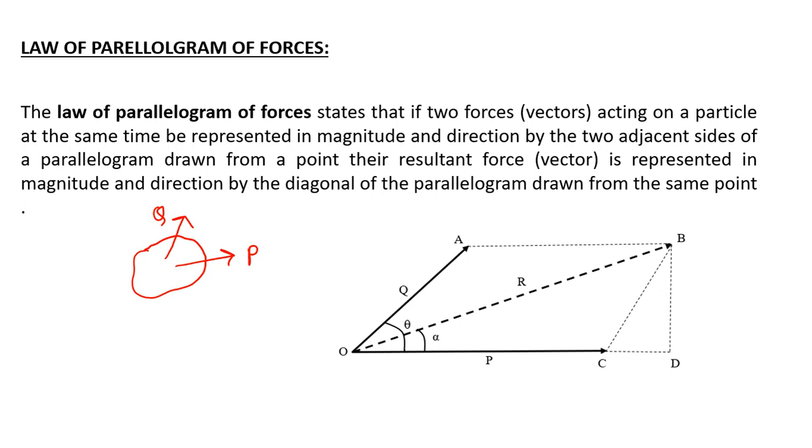So according to this law, if these two forces are represented in magnitude and direction by the two adjacent sides of a parallelogram, which are OA and OC, then the diagonal of this parallelogram will be the resultant of these two forces. This R will be the resultant of these two forces.